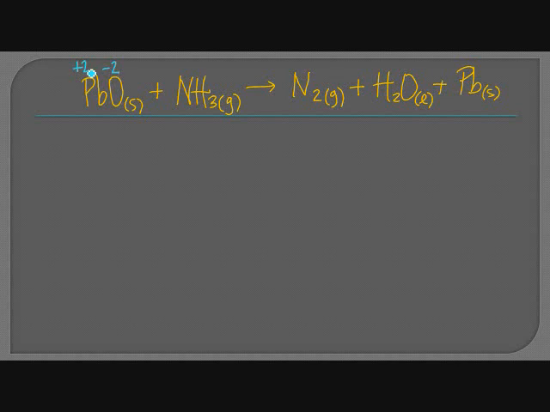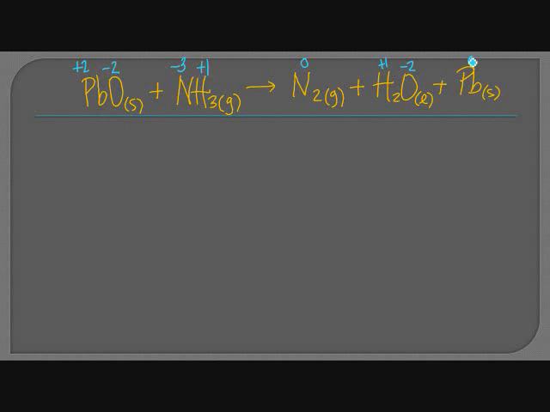The hydrogen always has a +1. So then if there's 3 hydrogens, then that means nitrogen is a -3. N2 is diatomic, that'll just be a 0. H2O, H is +1, O is -2. And Pb is 0 when it's in solid form.